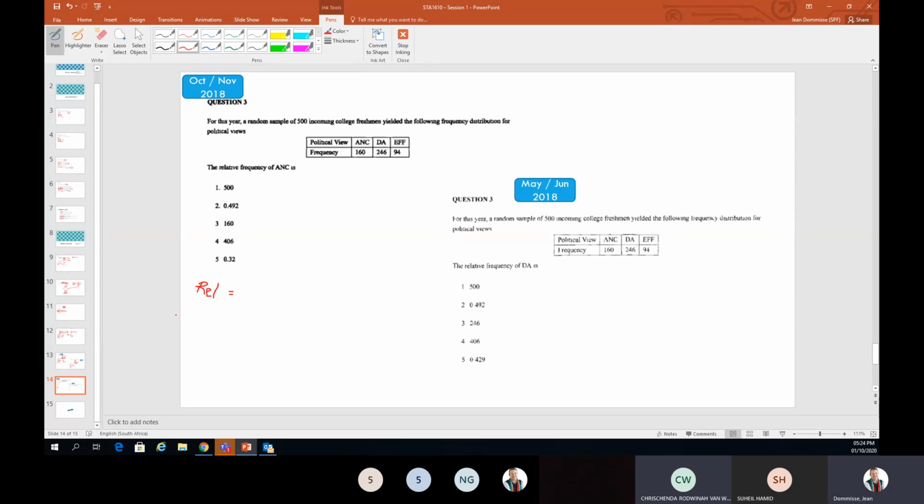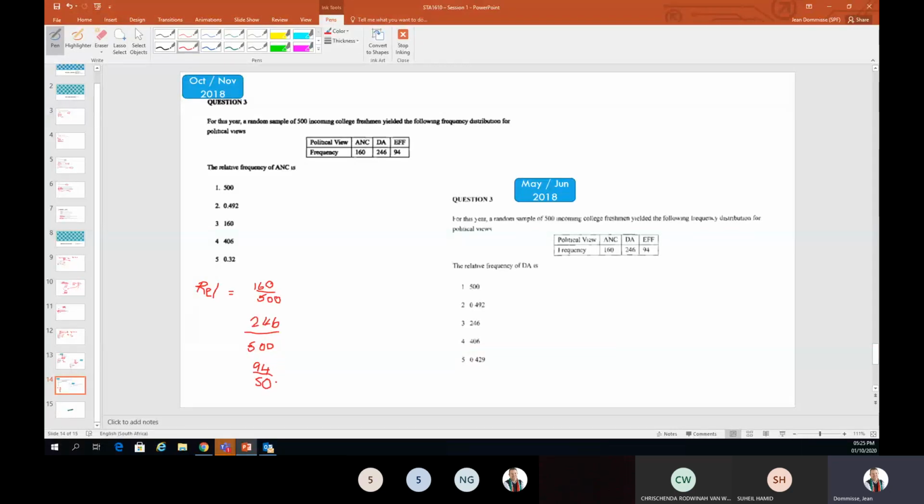So if it was the relative frequency of ANC, it would have been 160 divided by the total, which is the 500. If it was for the DA, it would have been 246 divided by the 500. And the relative frequency for EFF would have been 94 divided by 500.